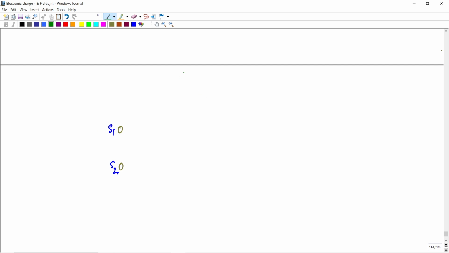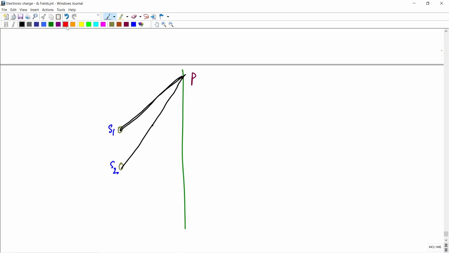Here is the screen, and suppose we choose a point P here. This is the S1P part, and this is the S2P part.